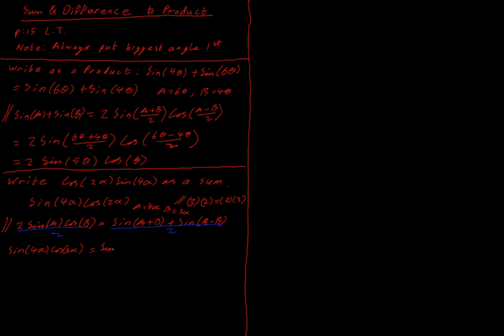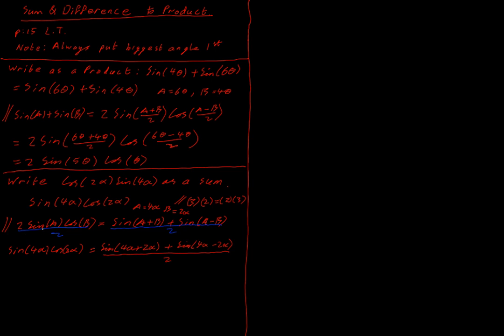So we have sine of 4 alpha plus 2 alpha plus sine of 4 alpha minus 2 alpha, all divided by 2. Because again, our formula requires that we'd have our product multiplied by 2.